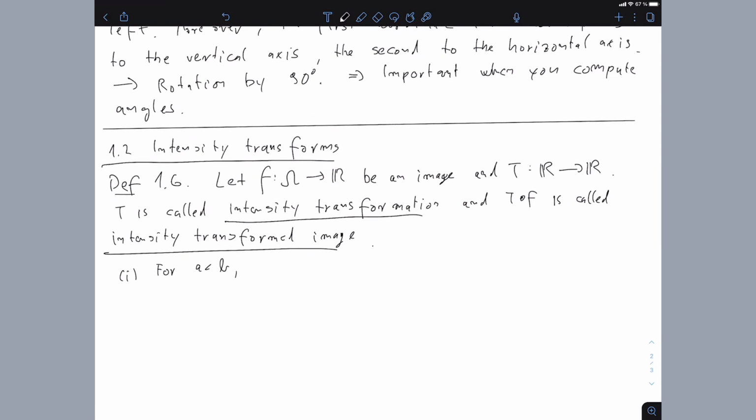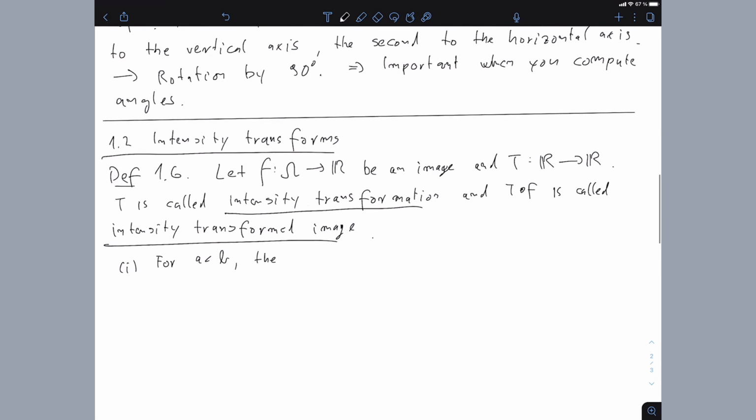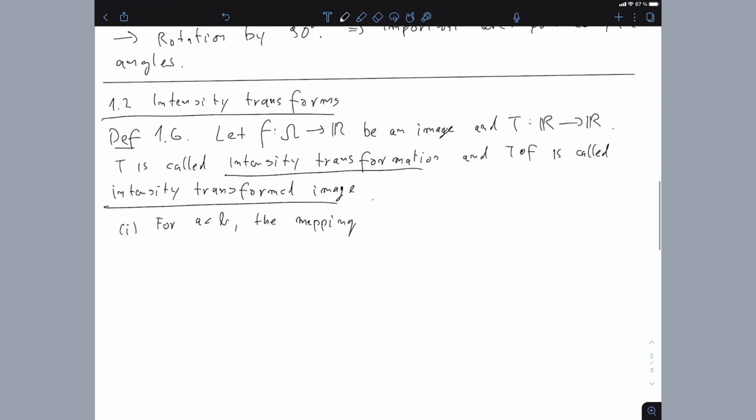There are a number of popular intensity transforms that I want to go through now. I will first define all of them, and then we look at some pictures to see what the effects of these transforms are. For the first one, we need to specify two numbers, a and b. We define T clip of a and b, which goes from R to the interval a, b.